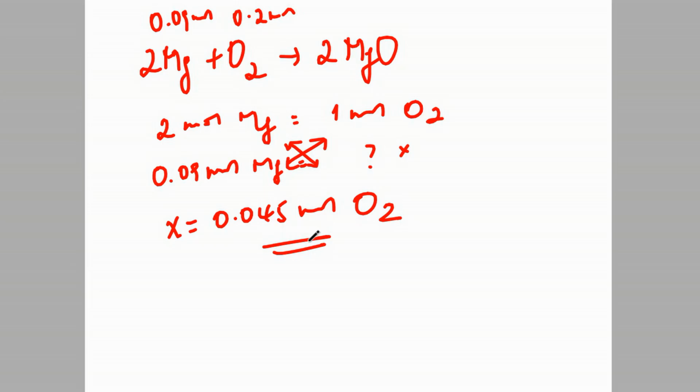Okay, so the amount of oxygen that reacts with 0.09 mole of magnesium is 0.045 mole of oxygen. But how much do we have? We have 0.2, which is greater than this amount. And this makes oxygen the excess reactant and magnesium the limiting reactant. So we have arrived at the same conclusion.